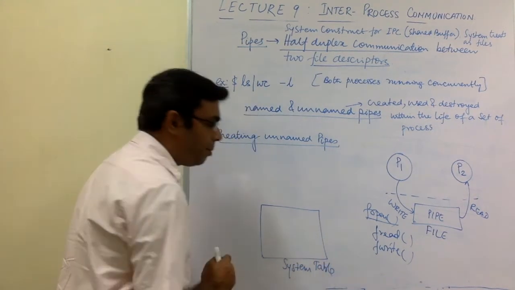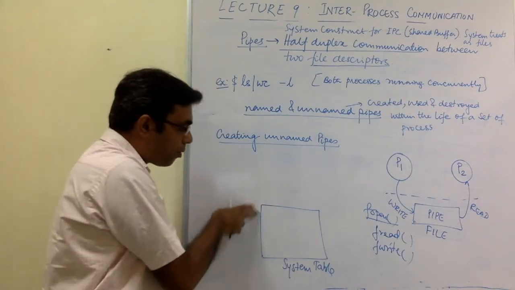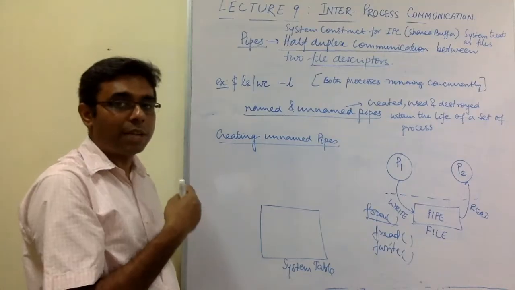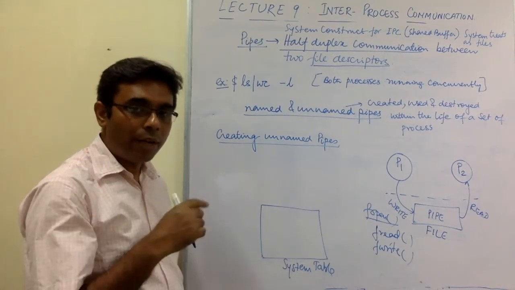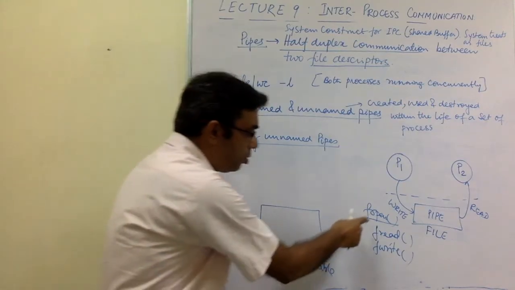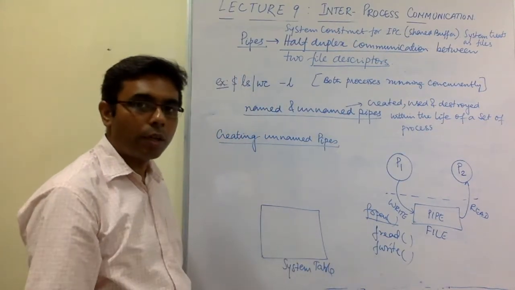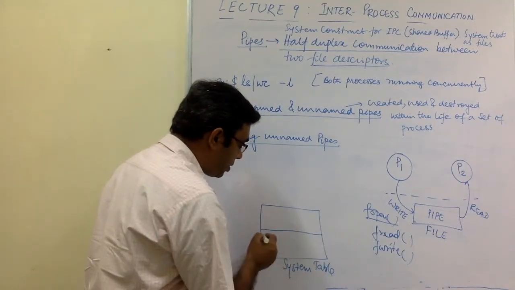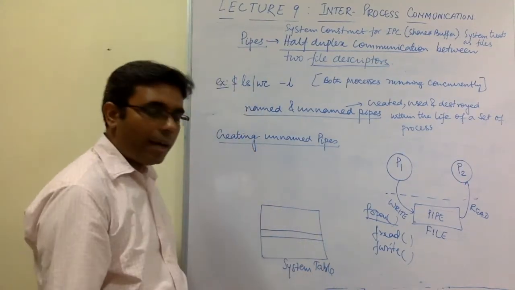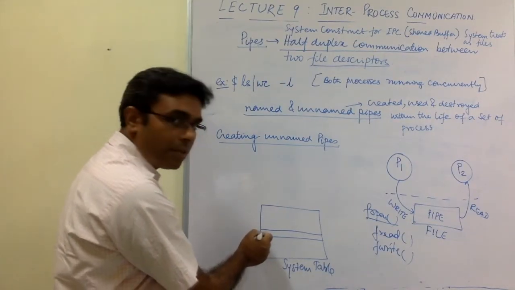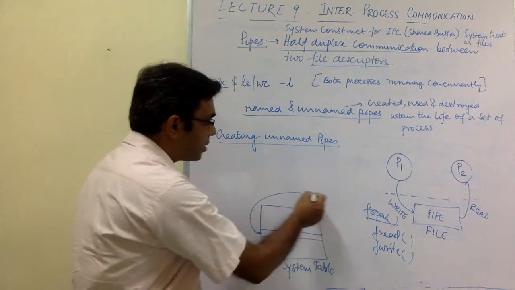The system table maintained by the operating system keeps track of all the processes and all the files that each process has opened. Whenever a new file is opened by a process by making use of this system call, a new entry is created in the system table, and the index of that corresponding entry in the system table is what is returned as the file descriptor.